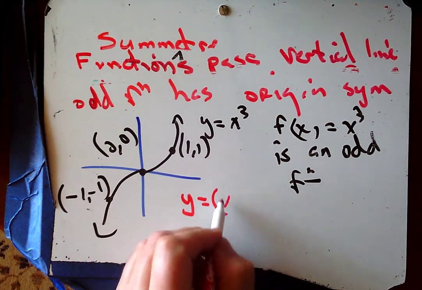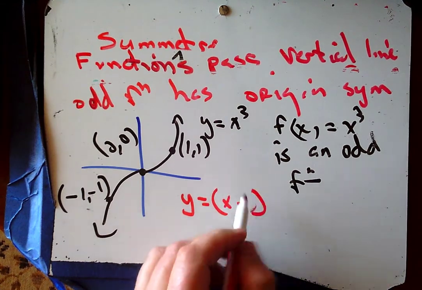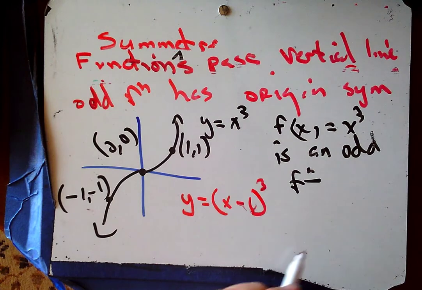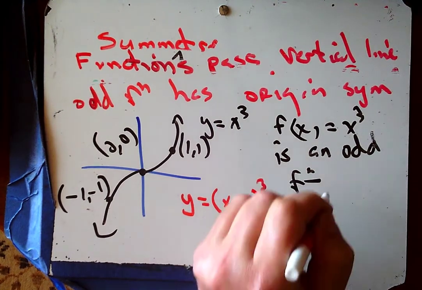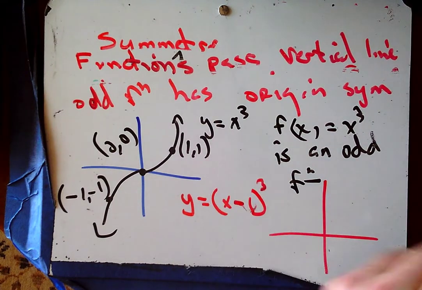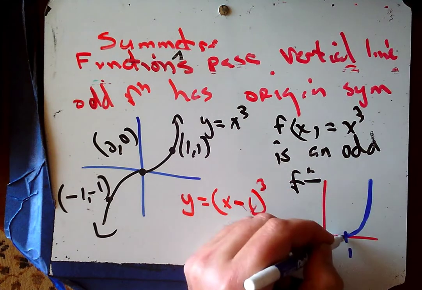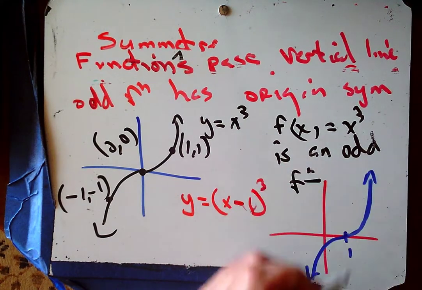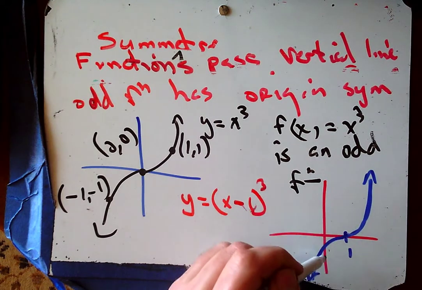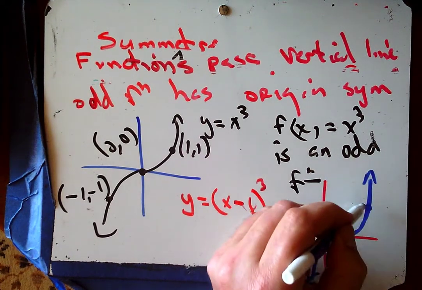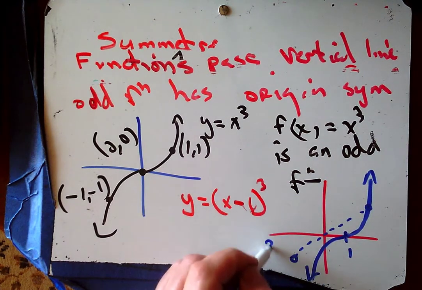For example, if we have x minus 1 to the third, we know from our transformations that takes the x to the third graph and shoves it right 1. What will that look like? Well, there's 1, and there's our graph. So this point, and at this point, does it reflect through the origin to make a point over here?